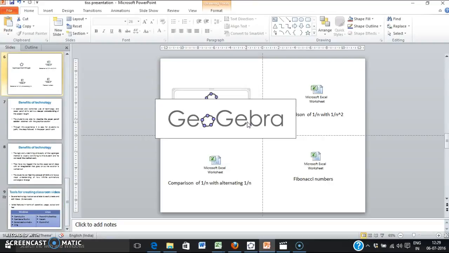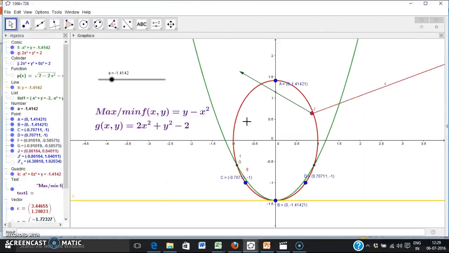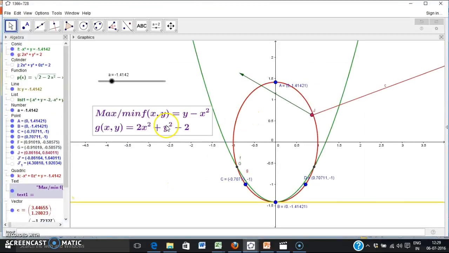Let us take an example to find maxima and minima of the function f(x, y) = y minus x squared, subject to the condition g(x, y) = 2x squared plus y squared minus 2 equal to 0.